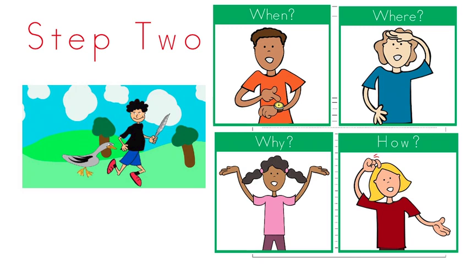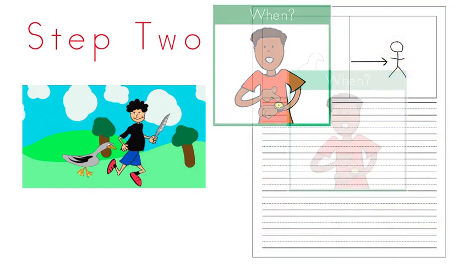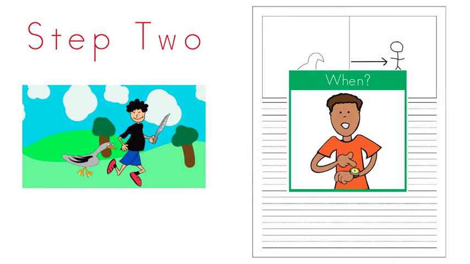Important questions will be answered and included in our idea. Let's begin. When? When did the goose chase the boy? That's not important, so we won't put that information in our sentence. Skip it.